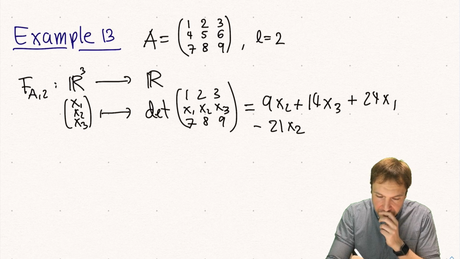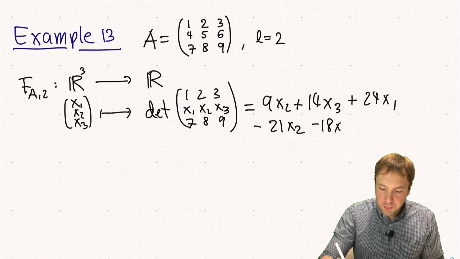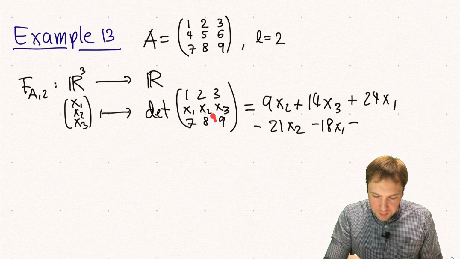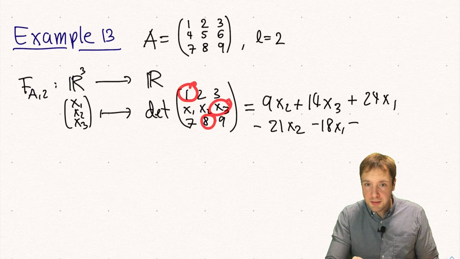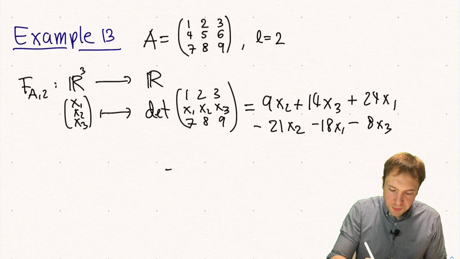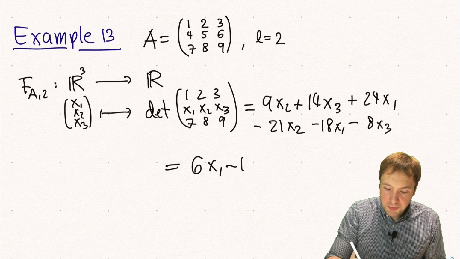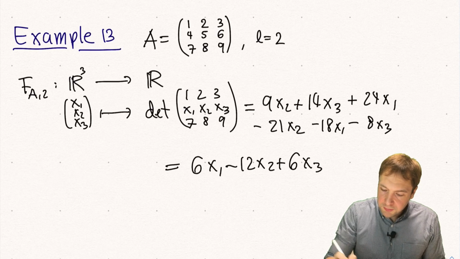We had this, this, and this, so this is minus 18x1, and minus this, this, and this, so minus 8 times x3. So in other words, this is just 6 times x1 minus 12 times x2 plus 6 times x3.